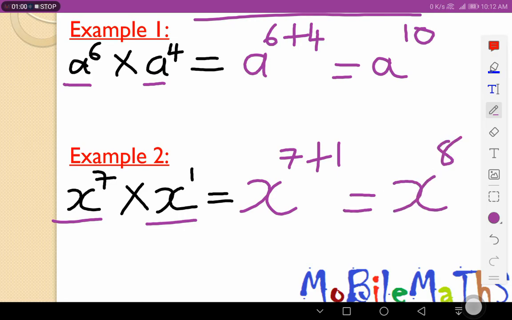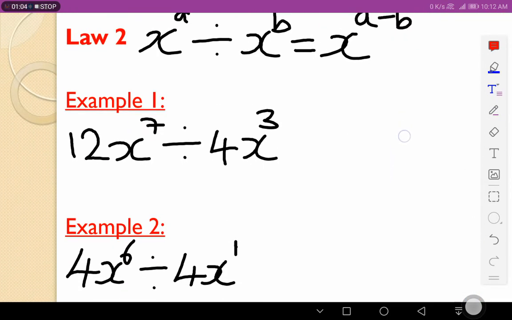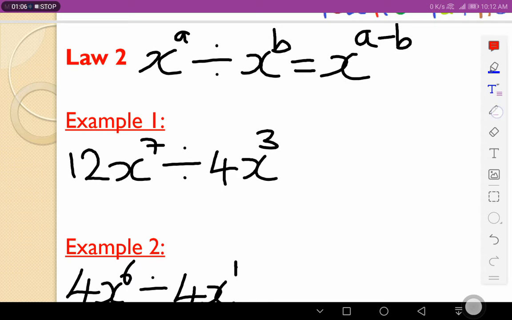Okay, let's look at law number 2, where we have division. When we have division and the same base, we simply subtract our powers. We are going to do the same, though this time around I've got 12 and 4 there.